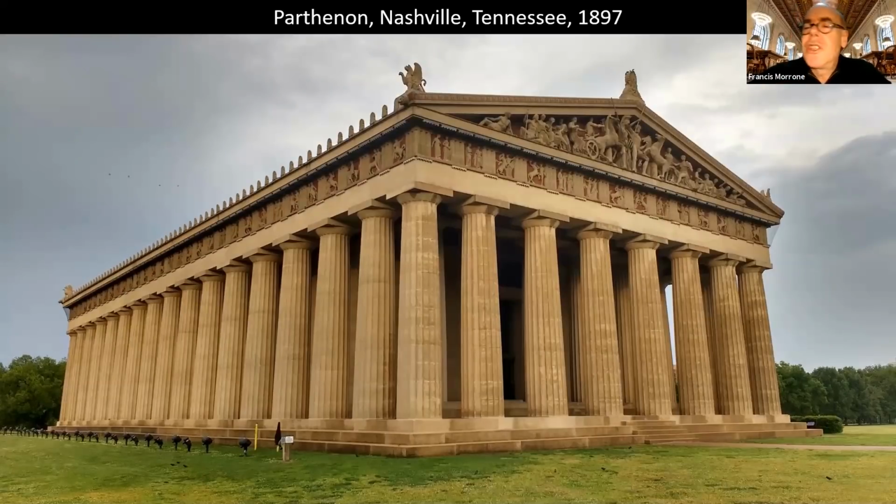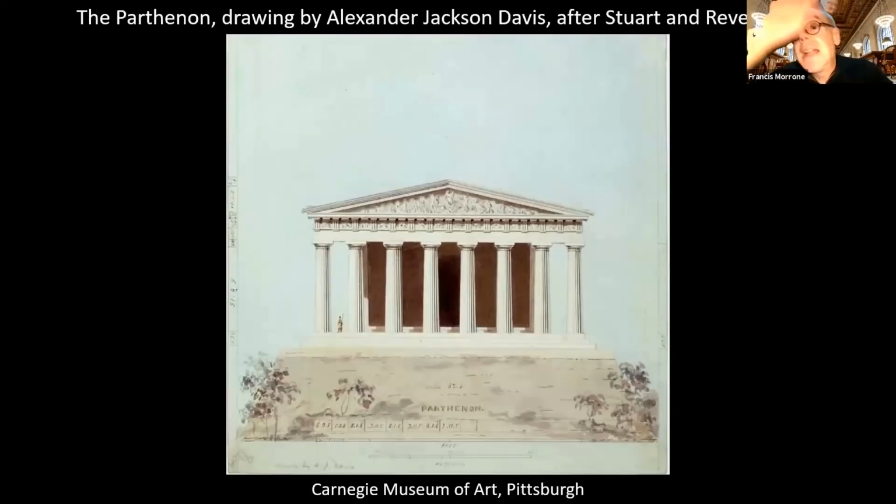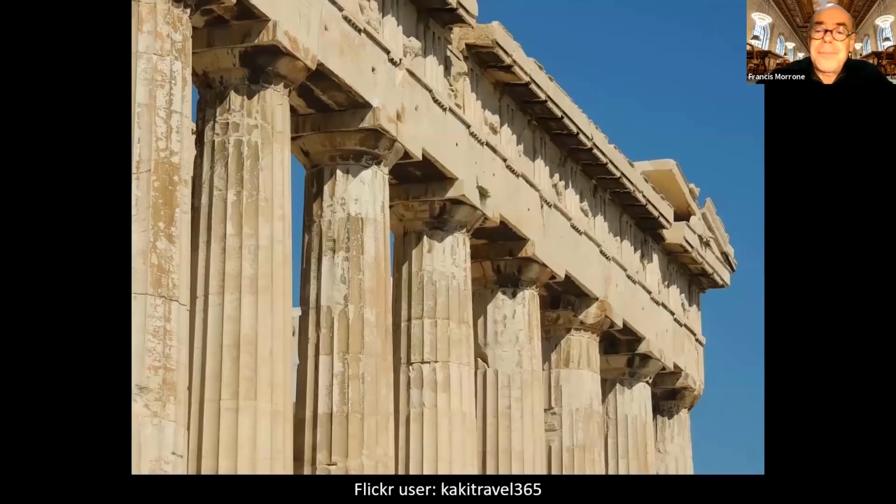So I don't chuckle at the Nashville Parthenon at all. I tell people to go see it. It is a marvelous thing, and I'm just throwing in this picture because I happen to be a big fan of the architectural renderings of Alexander Jackson Davis from the first half of the 19th century, and he drew this lovely picture of the Parthenon.